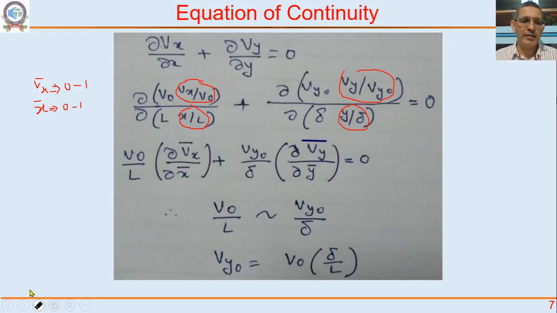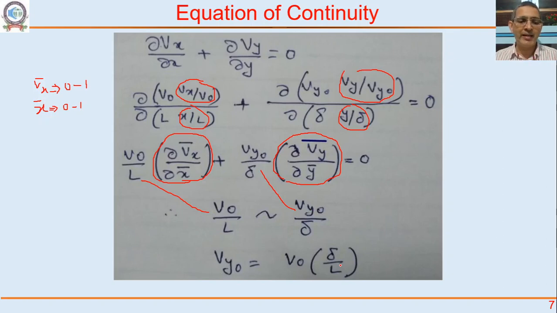The dimensionless velocity gradient, del Vx bar by del x bar, is of the order 1, 0 to 1. This is of the order 0 to 1. If that is the case, these coefficients must be of the same order of magnitude or nearly the same. So that will tell you what is the scale for Vy naught. So the scale for Vy naught is V naught into delta by L.